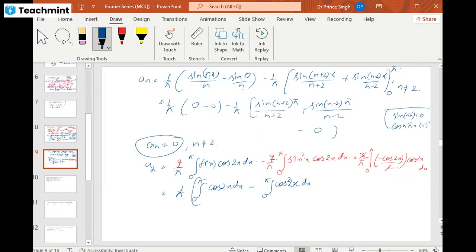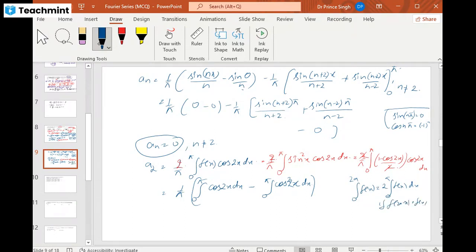Here there are two ways we can proceed. One is to use the identity of cos 2 theta. The other is to use a property of definite integrals: the integral from 0 to 2a of f(x) is equal to 2 times the integral from 0 to a of f(x) dx if f(2a minus x) is equal to f(x).